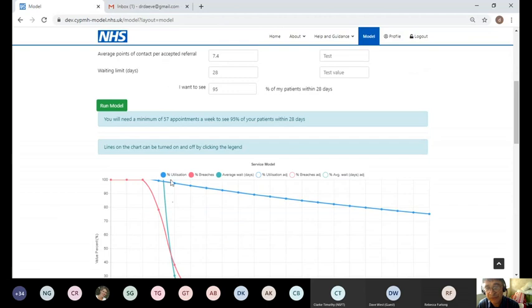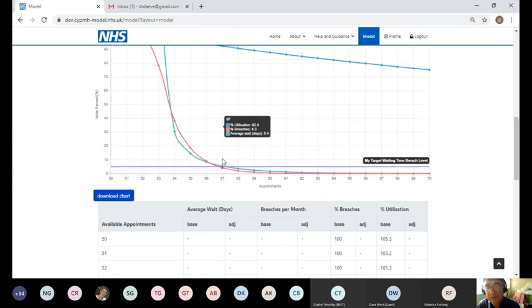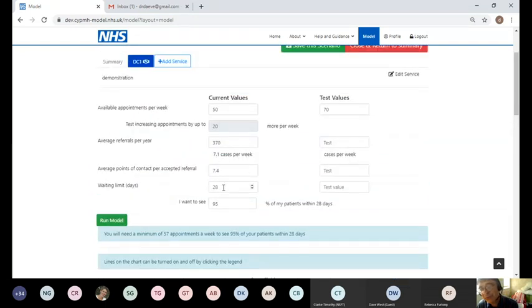So we needed 60 before. Now we do it in 57. So doubling the length of time people will wait doesn't have a huge impact on the amount of resources you need. Actually, once those children and young people are in the service, they need their 7.4 appointments on average.